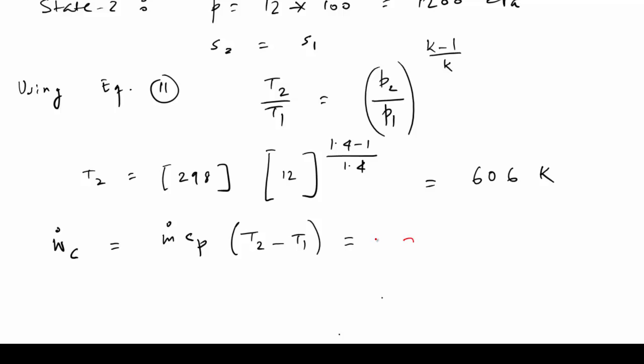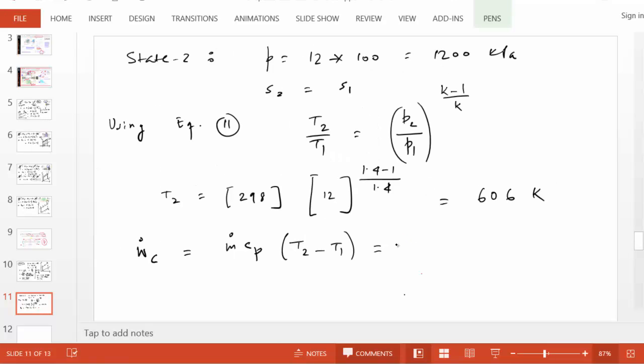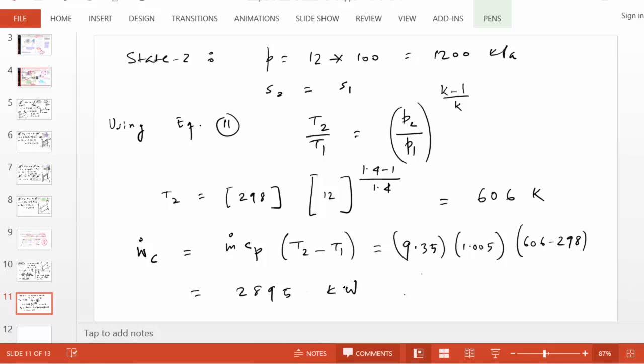Oopsie. Okay, so if we substitute the values 9.35, 1.005, 606, 298, the compressor work turns out to be 2895 kilowatt. Okay, let's go and verify.